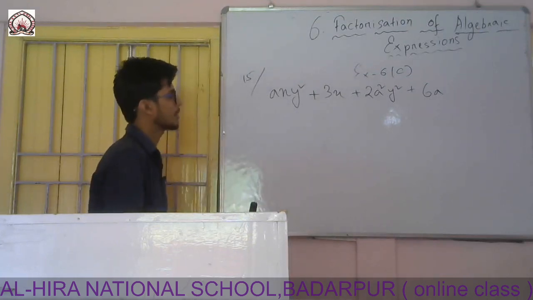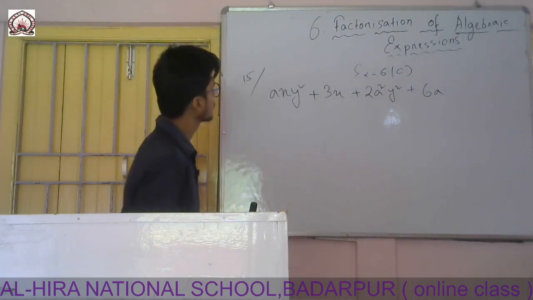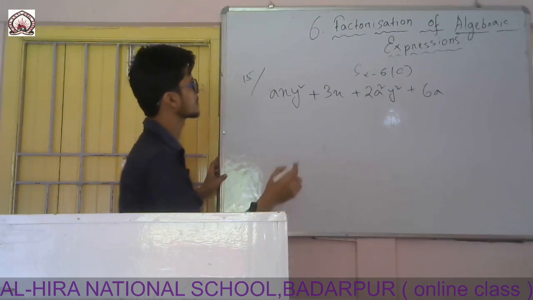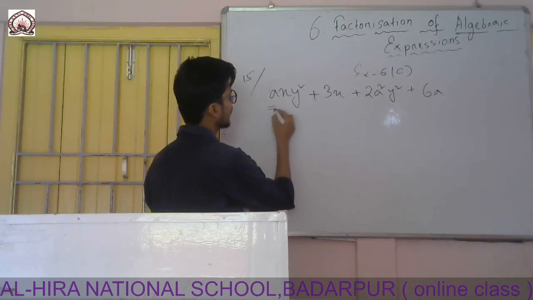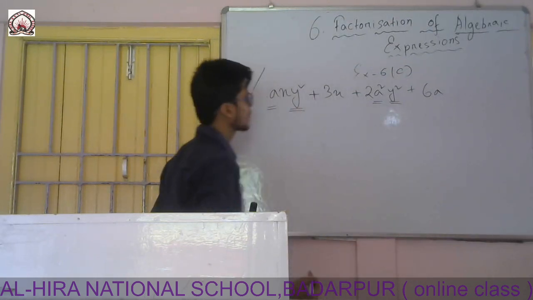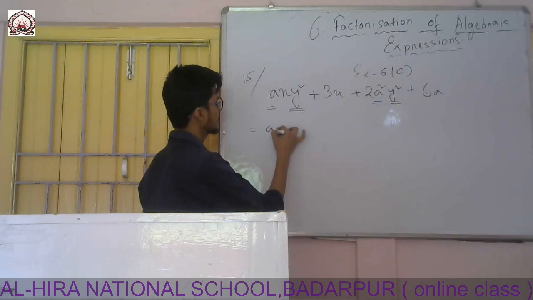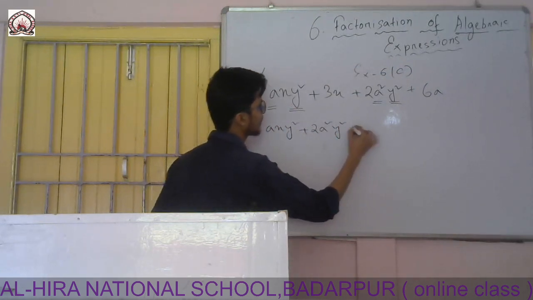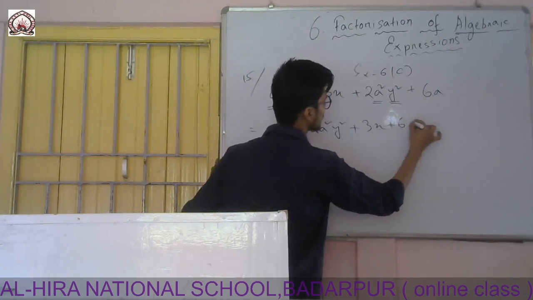Okay. So I have to take out the common term. So you see here, there a and y are there. There also a and y are there. So I can take common. So let me arrange: axy square plus 2a square y square plus 3x plus 6a.